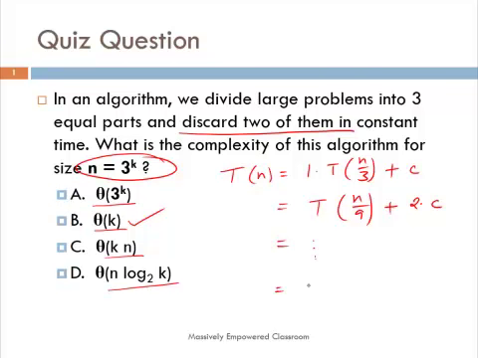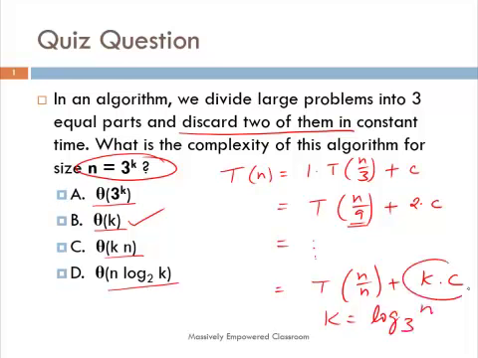Finally, you will get T(n/n) plus k times a constant. This division will happen k times because k is nothing but log n to the base 3. So the complexity is k times a constant, or theta k. The correct answer is B, theta k.